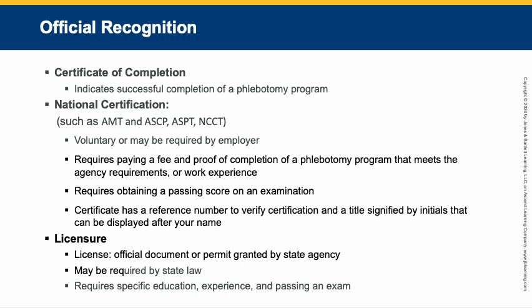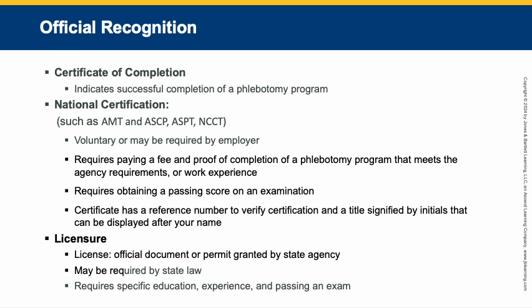Okay, and after you do that, if you passed it, then they issue you a separate certificate. That certificate, the national one, has a reference number that verifies that you are certified. And it also gives you a title that is signified by initials that you can display after your name.